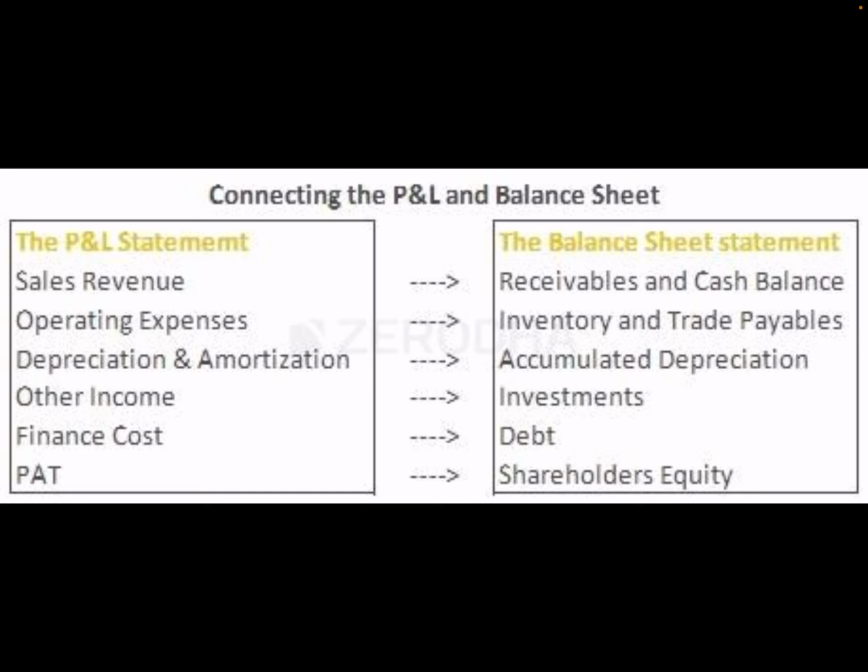The money that goes towards financing the debt is called the finance cost or the borrowing cost. Hence, as the debt increases, the finance cost also increases, and vice versa. Finally, as you may recall, the profit after tax adds to the company's surplus, which is a part of shareholders' equity.